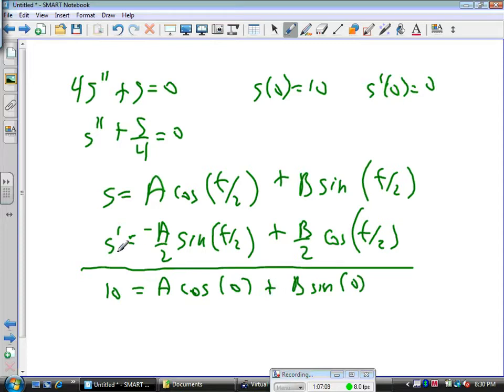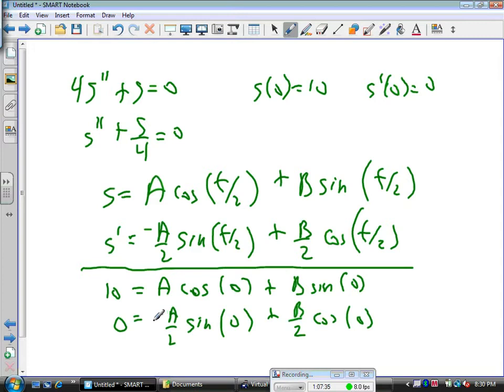And S prime is 0 when t is 0. So 0 equals, plugging in here, negative A over 2 sine 0, because 0 over 2 is 0, plus B over 2 cosine of 0. Sine of 0 is 0, so this tells me nothing about B. Cosine of 0 is 1, so A is 10.